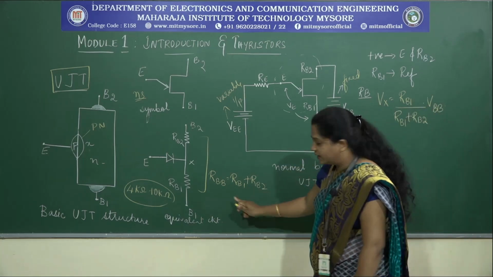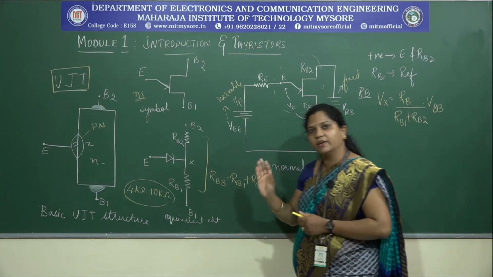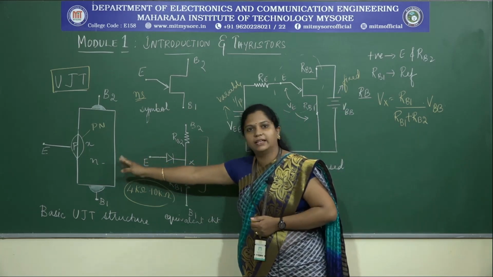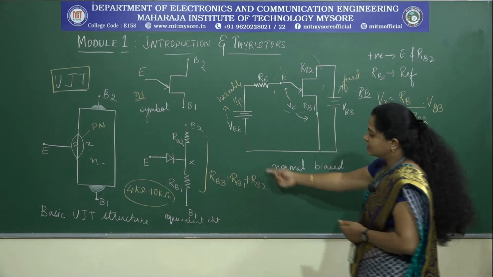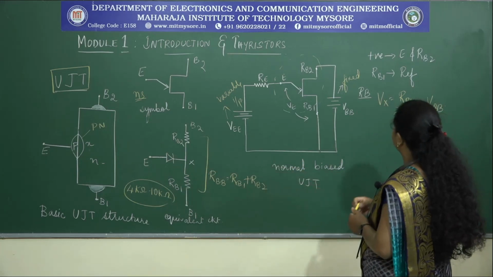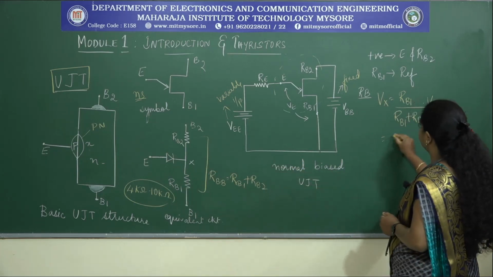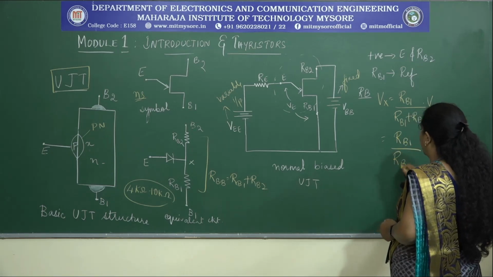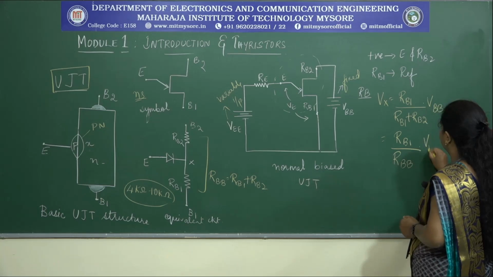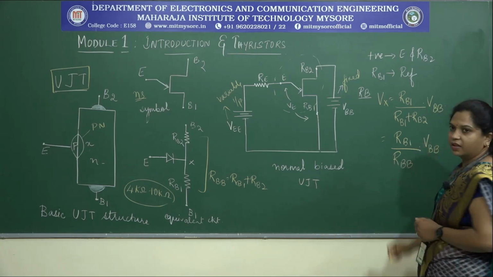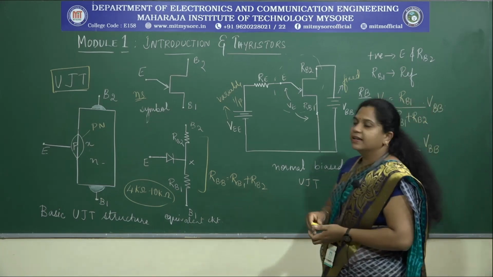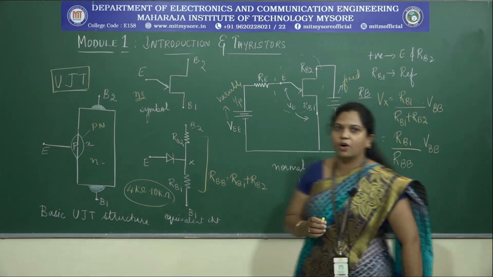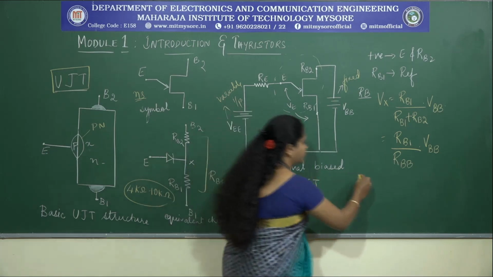We also know that RB1 and RB2 are nothing but the resistance present in the lightly doped N region. So this can also be represented as RB1 divided by RBB into VBB. Now a new term, the intrinsic standoff ratio, can be used.